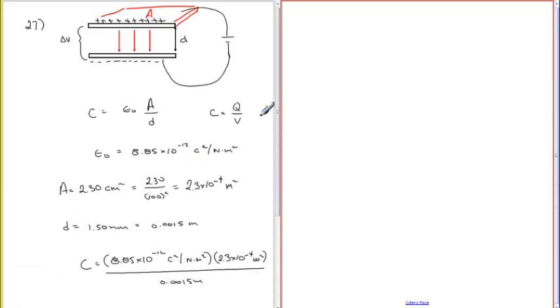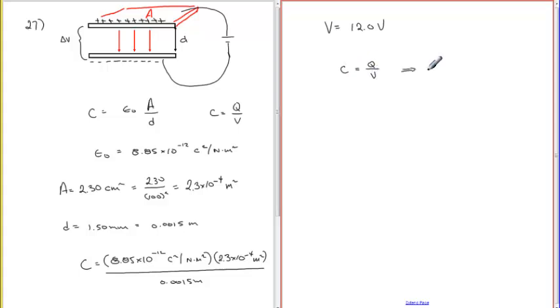Okay, so that's the capacitance of the capacitor. Okay, so the next thing they're asking for is, what is the charge on the capacitor? Well, we're given the voltage applied to this is 12 volts. And the relationship between voltage, charge, and capacitance we just wrote on the previous page.